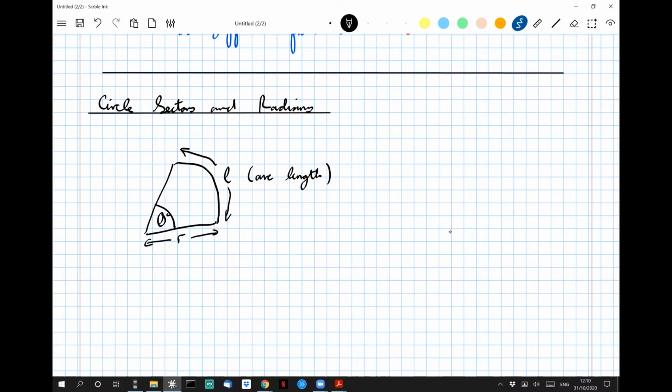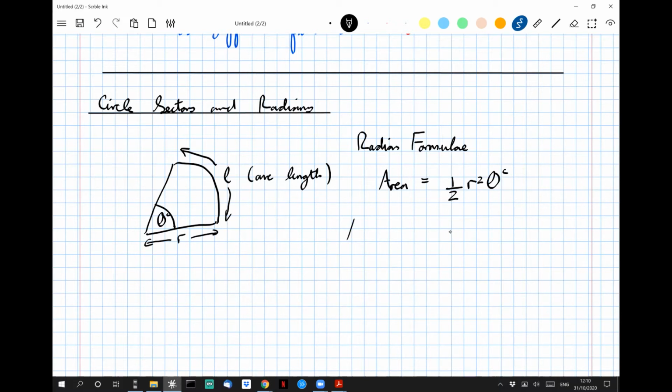And these formulae only work in radians. So radian formulae. The area of a sector is a half r squared theta radians. And that makes the calculation so much easier and so much shorter if you use that formula.